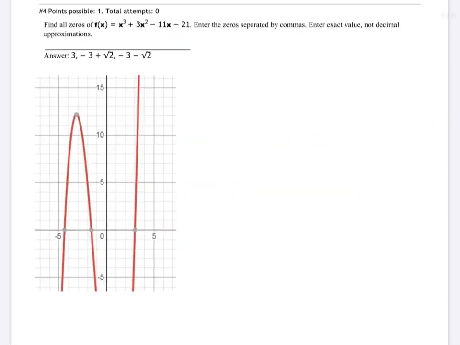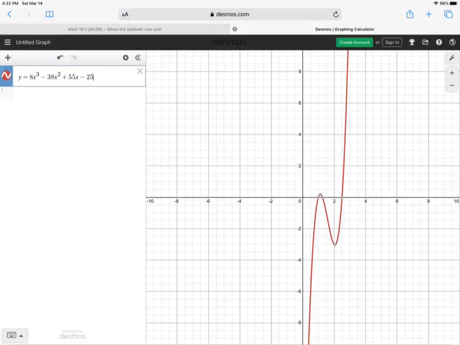Let me show you. So here's an actual snapshot. So here I am. This is Desmos.com. This is a screenshot from where I went to Desmos.com. And then I just typed right over here. There's the function we're looking at, the y. I think they had f of x. It doesn't matter. I just said y equals, same thing.